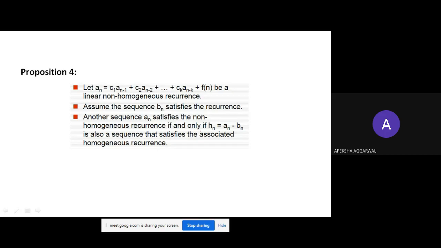In that case, An will satisfy the non-homogeneous equation if and only if the subtraction of those two non-homogeneous ones is homogeneous. Subtraction of An minus Bn would be Hn, and that Hn is homogeneous. If this equation is true, then An would satisfy the above non-homogeneous equation.